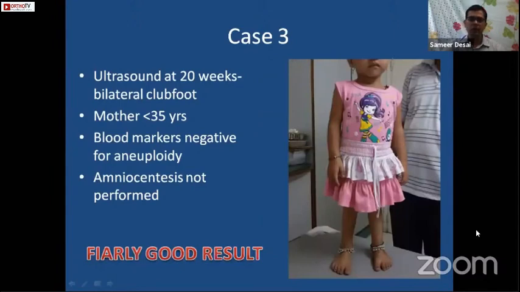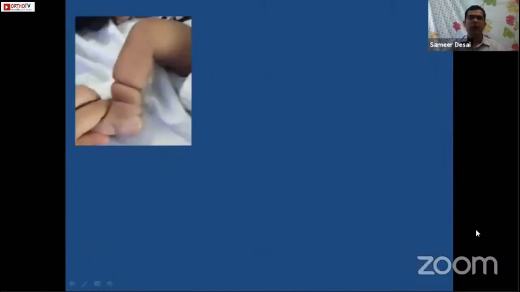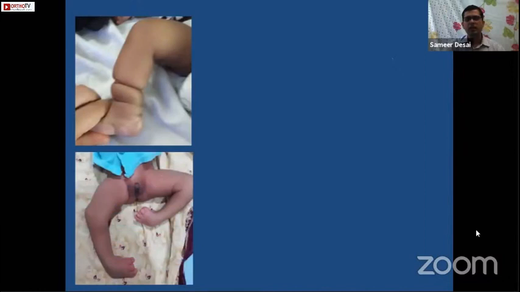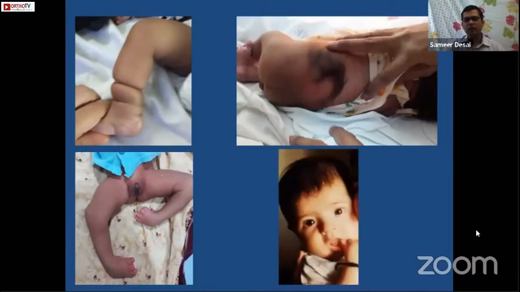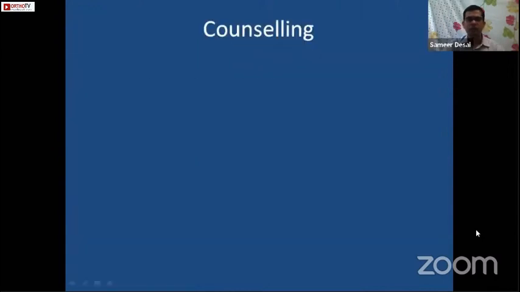Fortunately, we had a fairly good result in this child, but I have seen children with normal sonography reports who had amniotic band syndrome, another child with syndactyly and absent toes, another child with a tuft of hair on the back, or this child who turned out to have a syndrome later on. So there is always a chance that some syndrome or some condition may be diagnosed after birth.